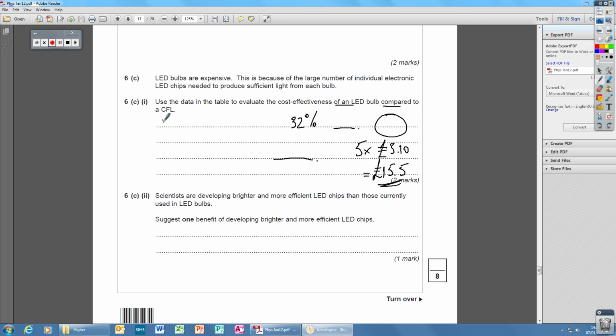I think I'll put here better to buy a CFL because even though you need 5 of them, it still works out cheaper.